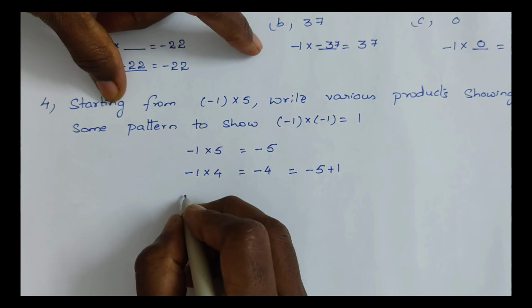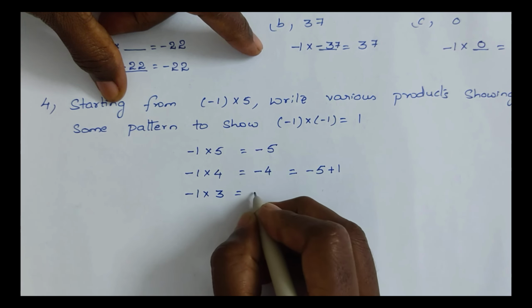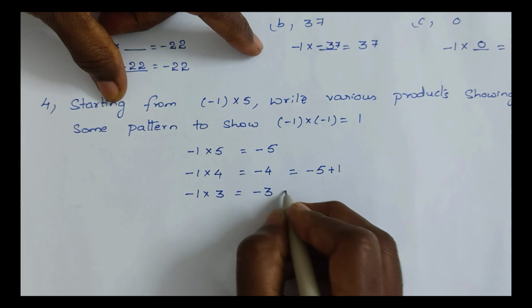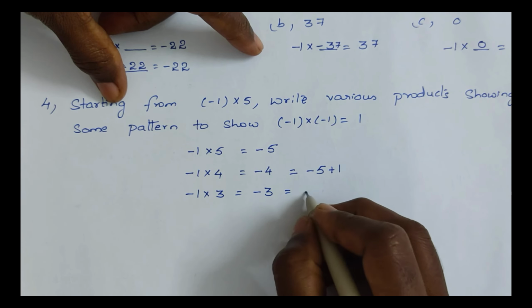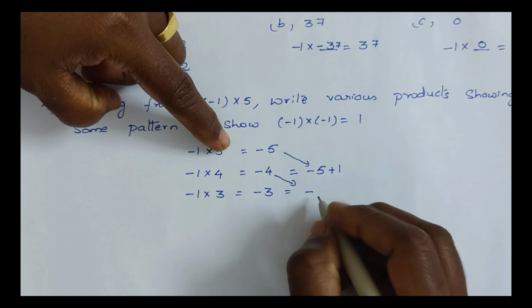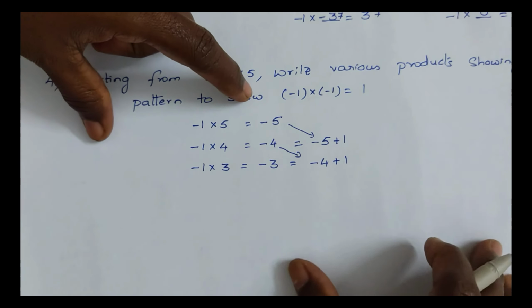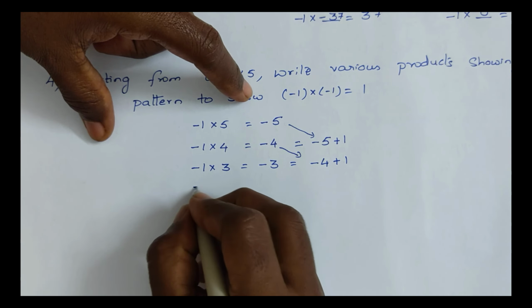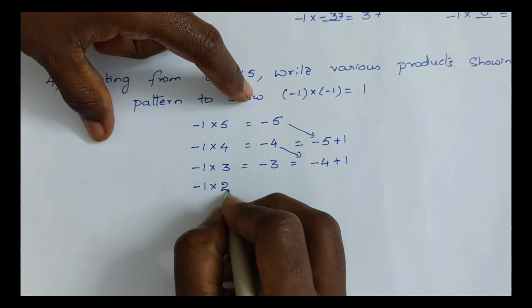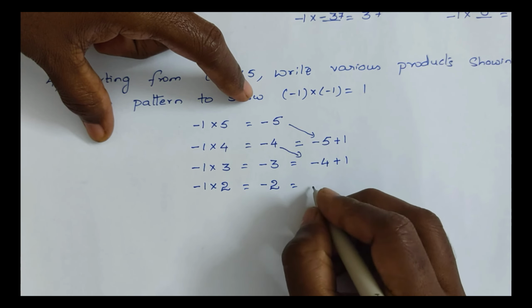Now see, next minus 1 into 3. That is minus 3. So how can you get minus 3? This one. Okay. This number minus 4 plus 1 gives you minus 3. Now minus 1 into 2 gives you minus 2. How are you getting it?